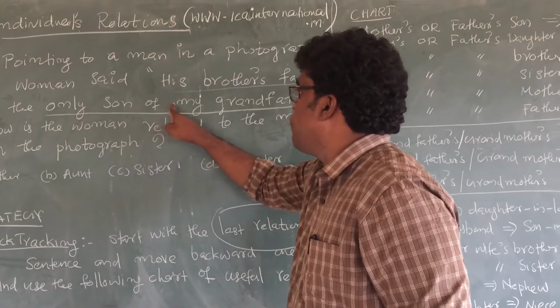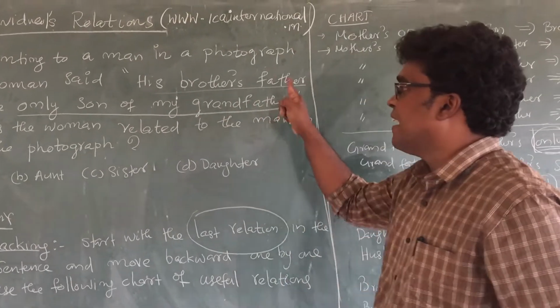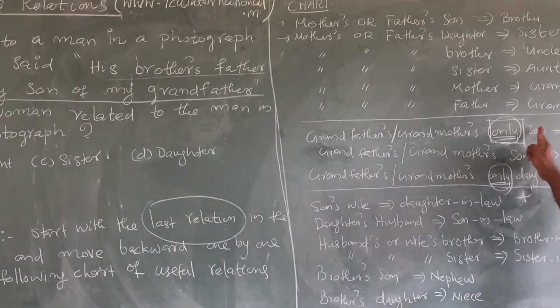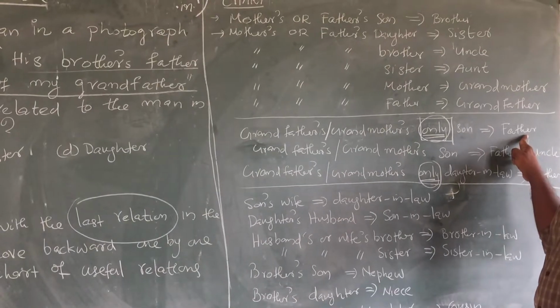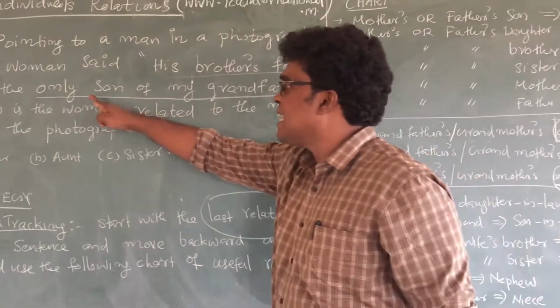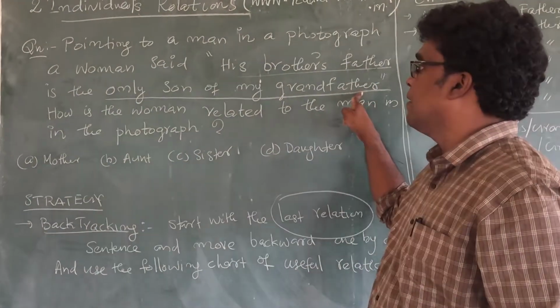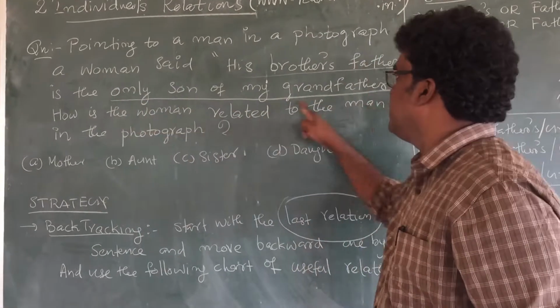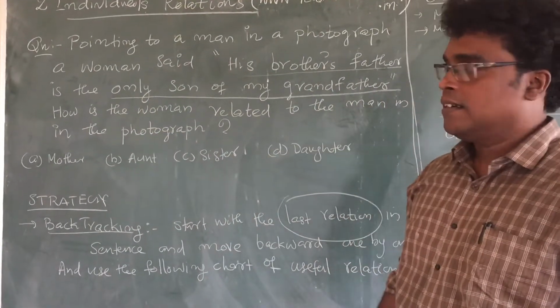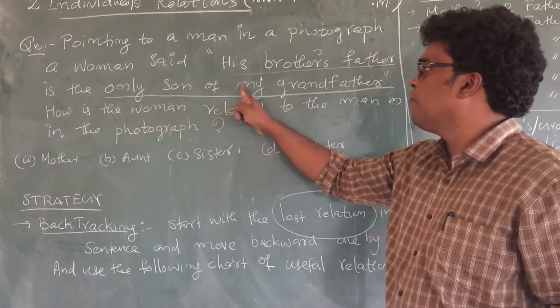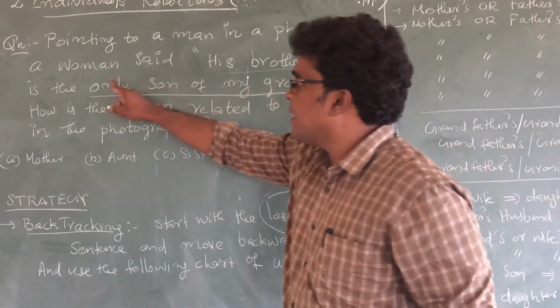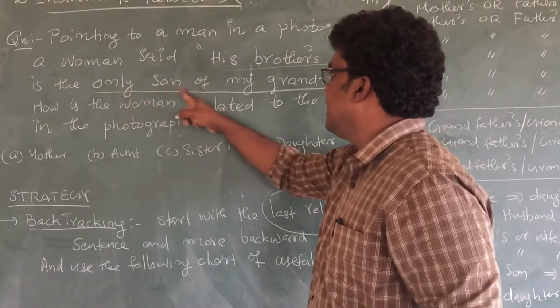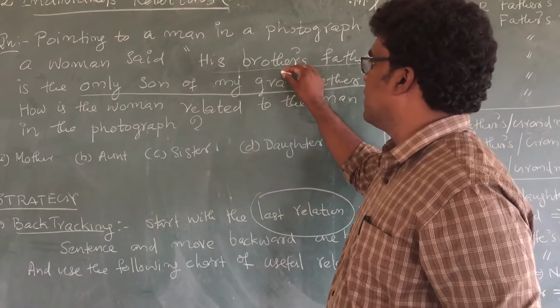Grandfather's only son means father. So the meaning of the whole thing, only son of my grandfather, is my father. So you can replace the whole underlined statement by my father.